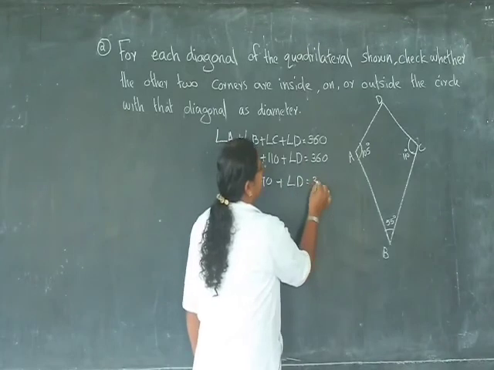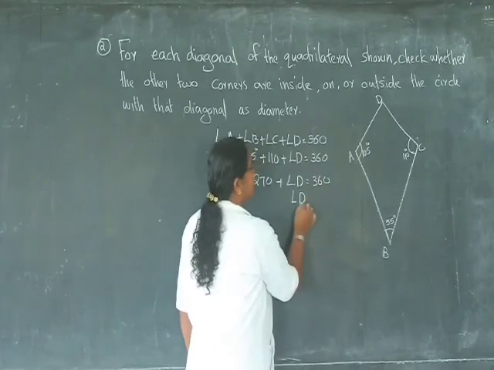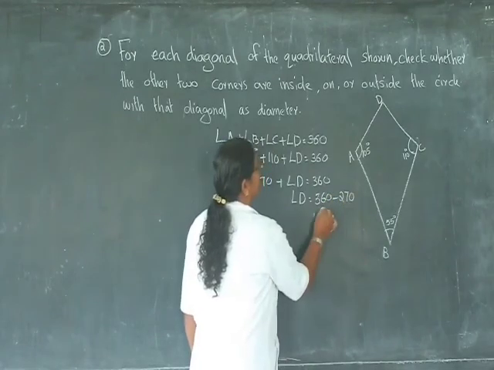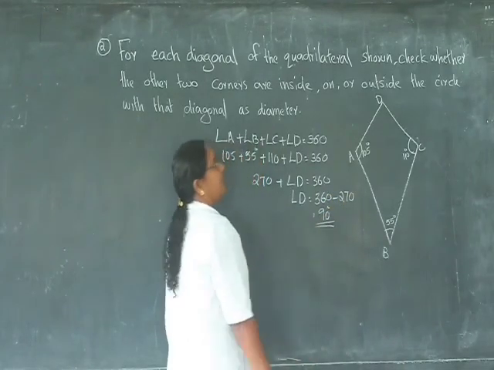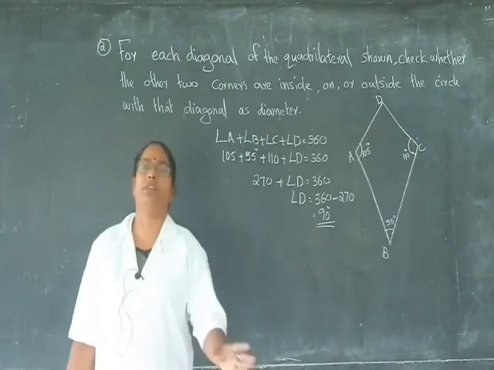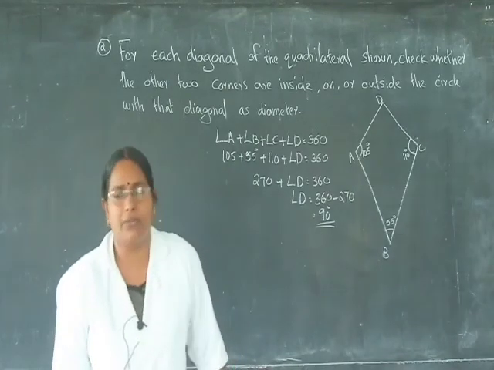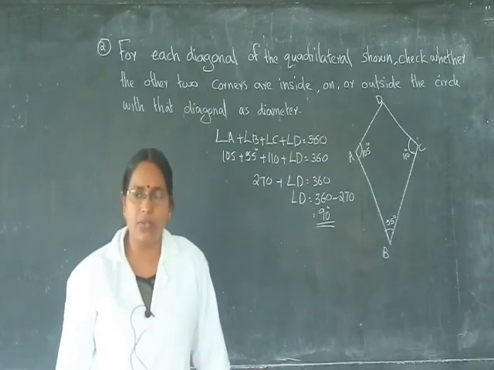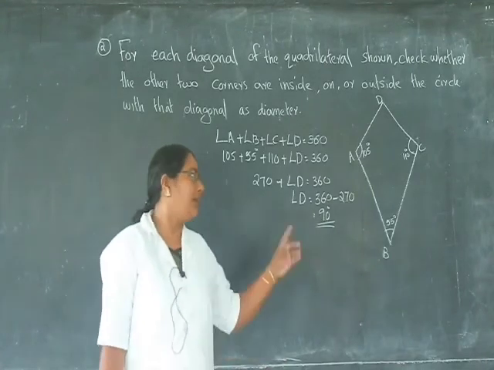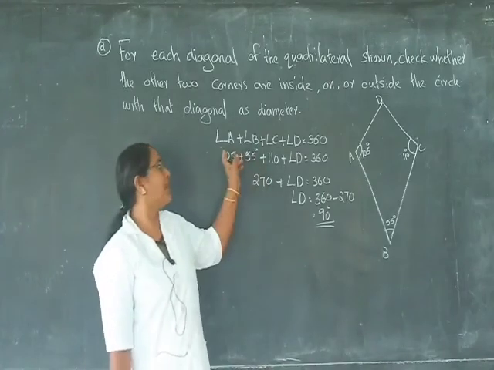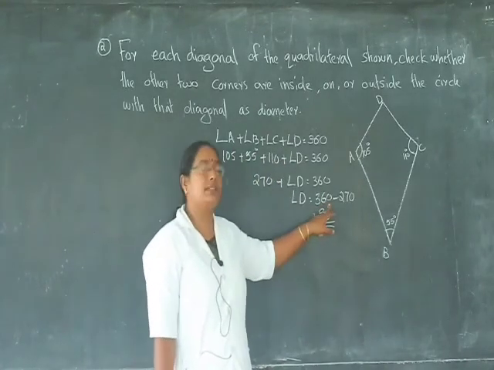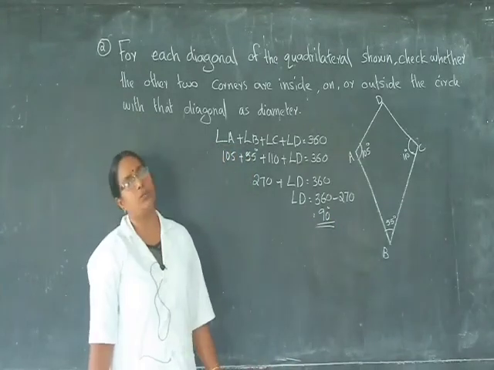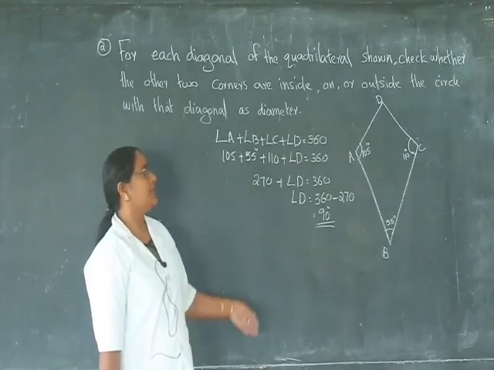Angle D is 360 minus 270, which is 90 degrees. When 3 angles of a quadrilateral are given, find the sum of the 3 angles and subtract it from 360, and we get the 4th angle. Angle D is equal to 90 degrees. That is the first step.